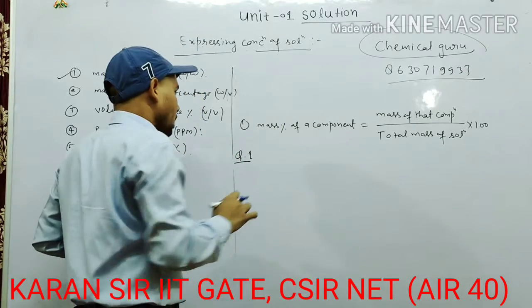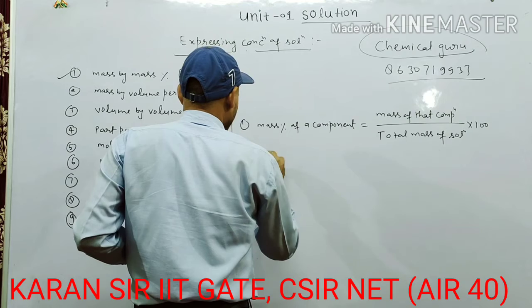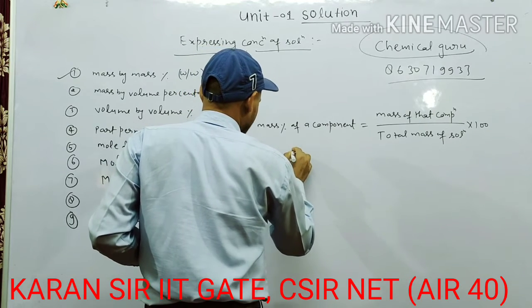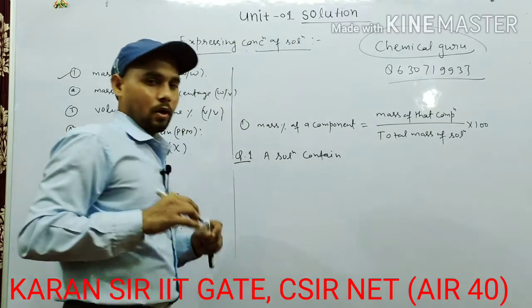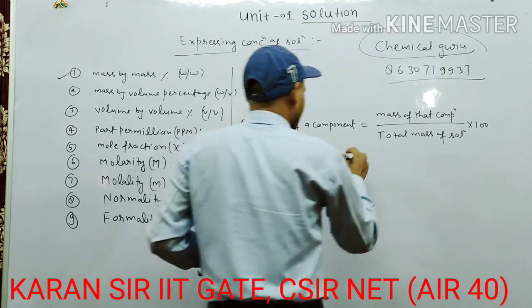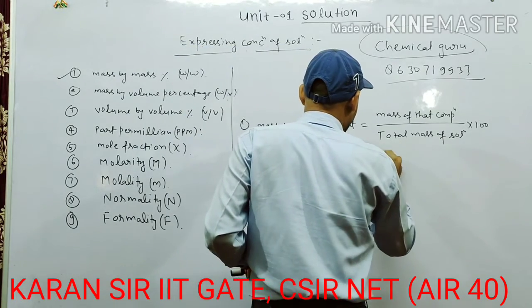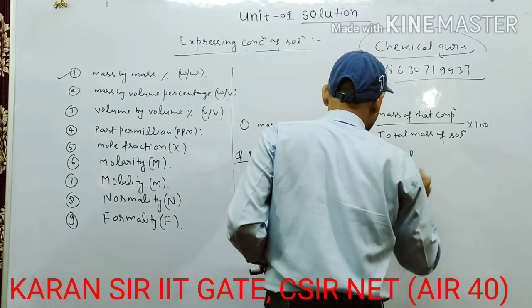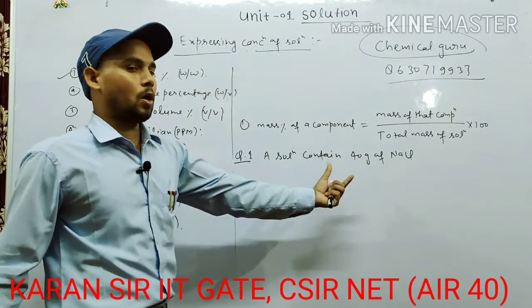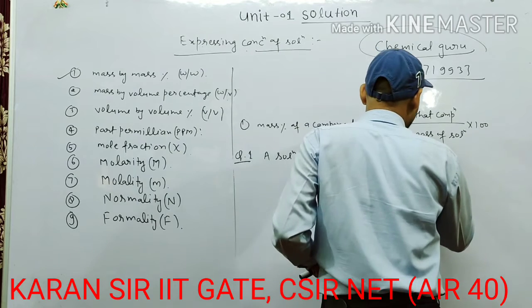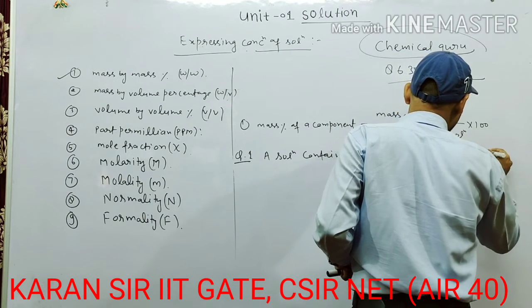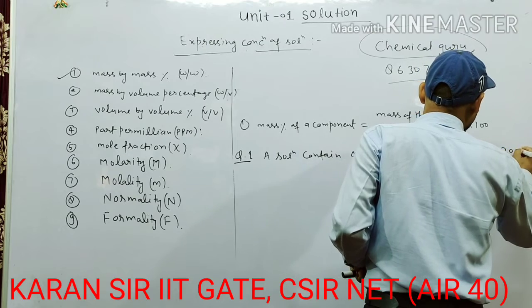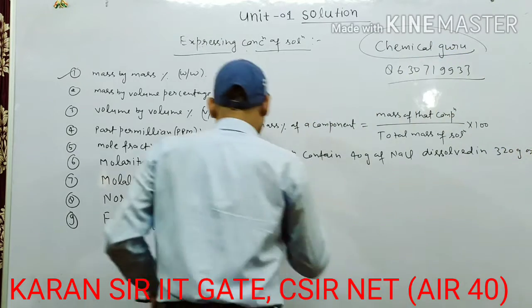The problem is that a solution contains 40 gram of NaCl dissolved in 320 gram of water.